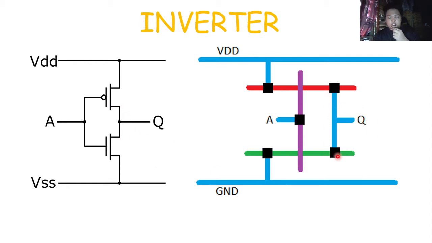Same here in the stick diagram, into the output Q, which is here. Both the gates are connected with each other and into the input A. Here are the gates of both the P diffusion and N diffusion of the stick diagram, and it's connected into input A.